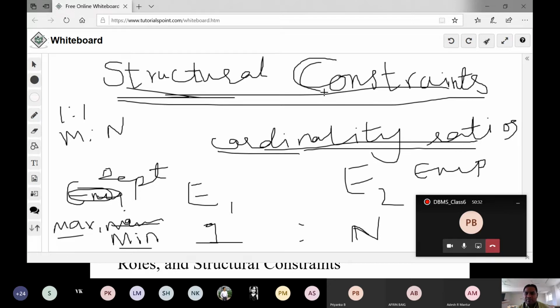Constraint means what? It is the procedure or protocol or rules specified. It is a kind of fixed procedure. I have to follow these procedures, I have to follow these rules, these are my protocols.